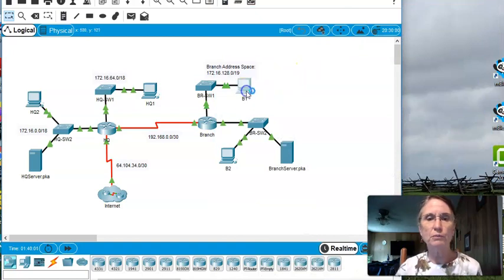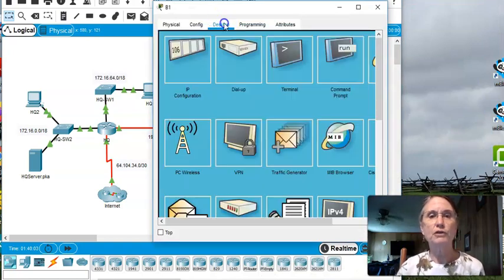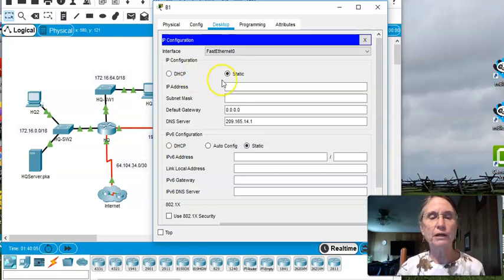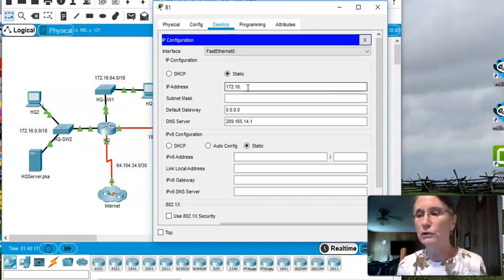So let's go into B1, go to its desktop and IP configuration, and we know that that PC is supposed to be configured with the address 172.16.144.1.